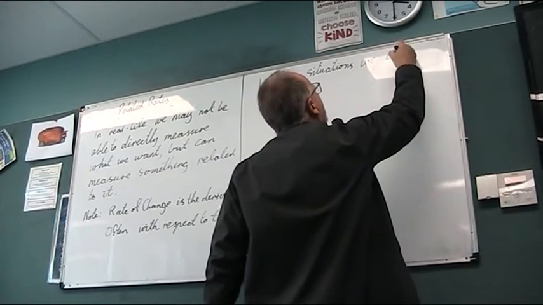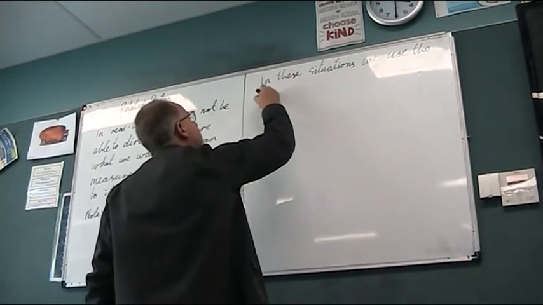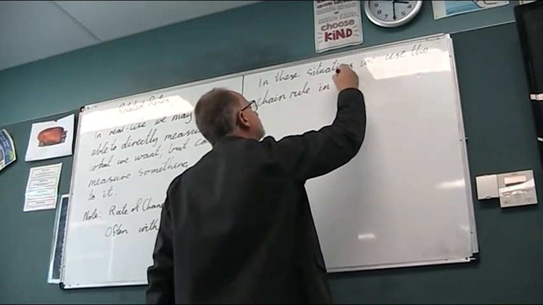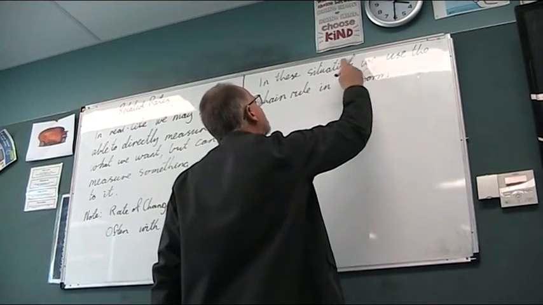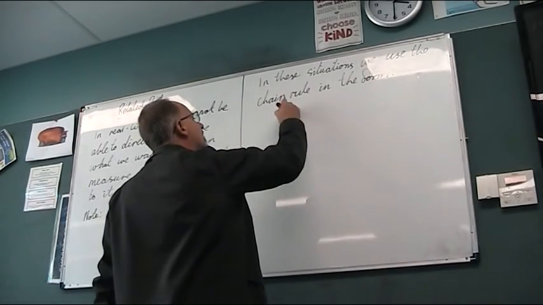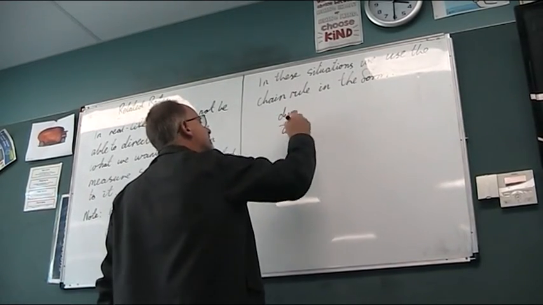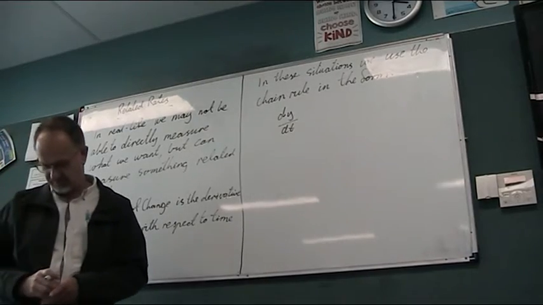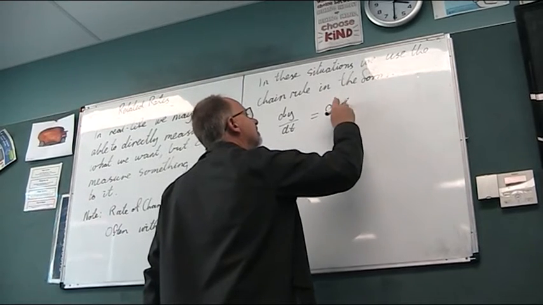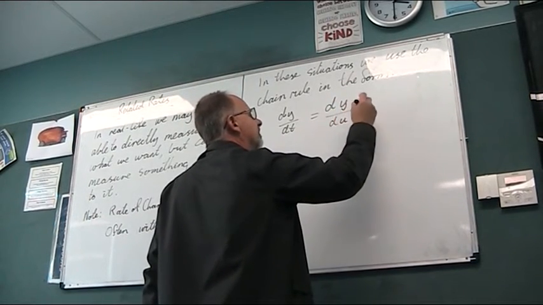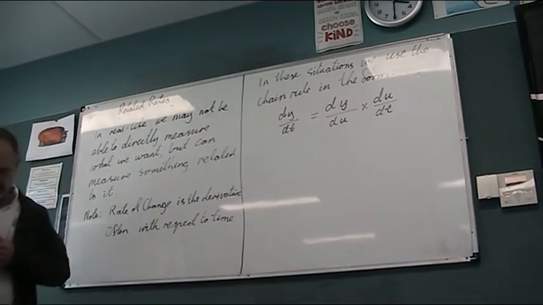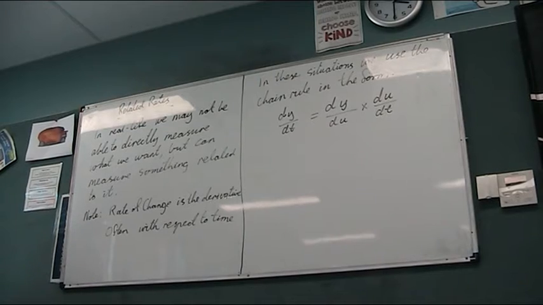So we use the chain rule in the form. Seeing as I've mentioned time, if we want to know what dy/dt is, the rate of change of y with respect to time, then the other quantity that it might be related to, say u for example, is dy/du times du/dt.